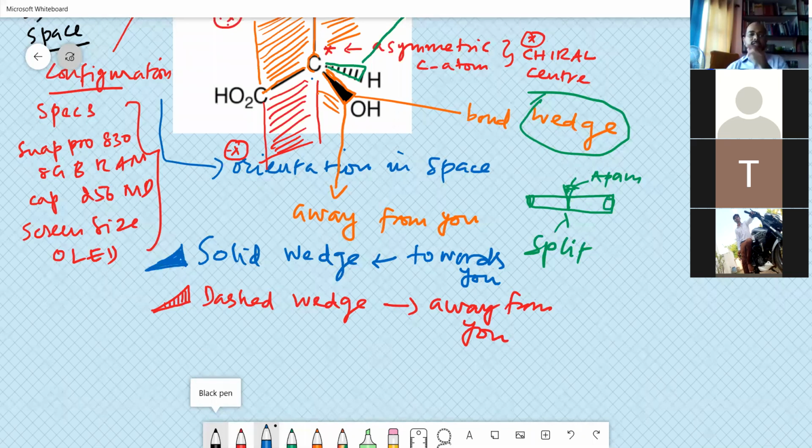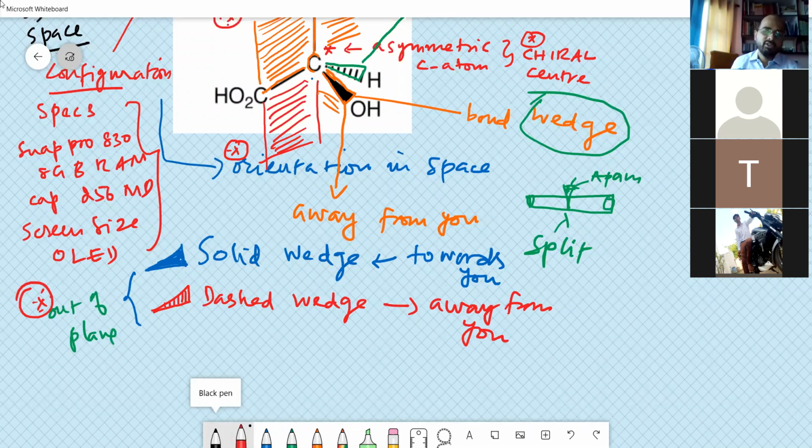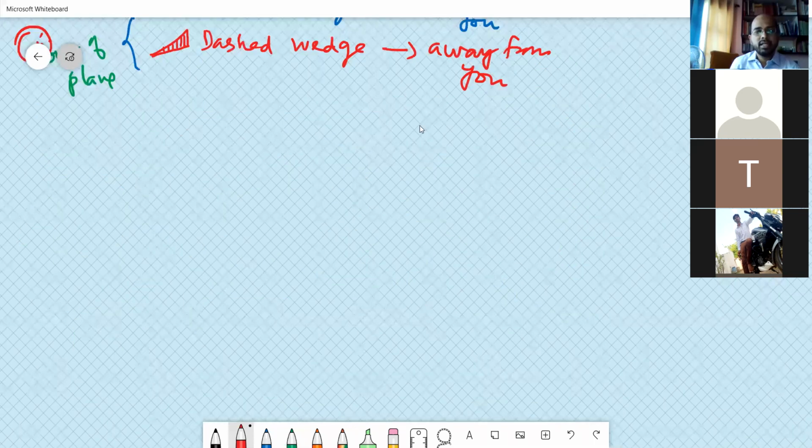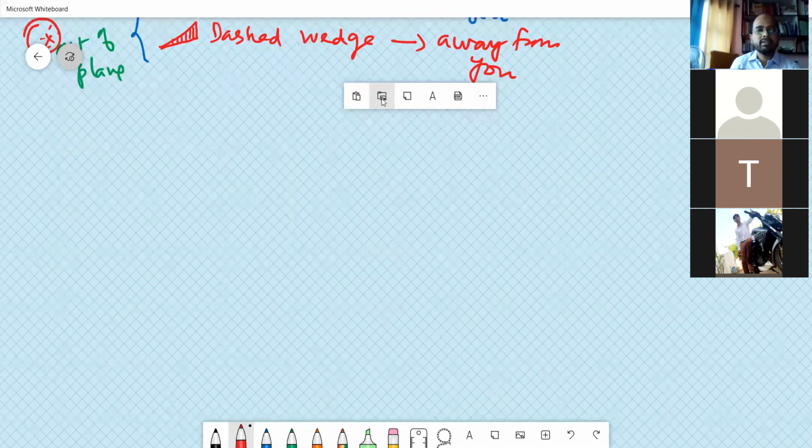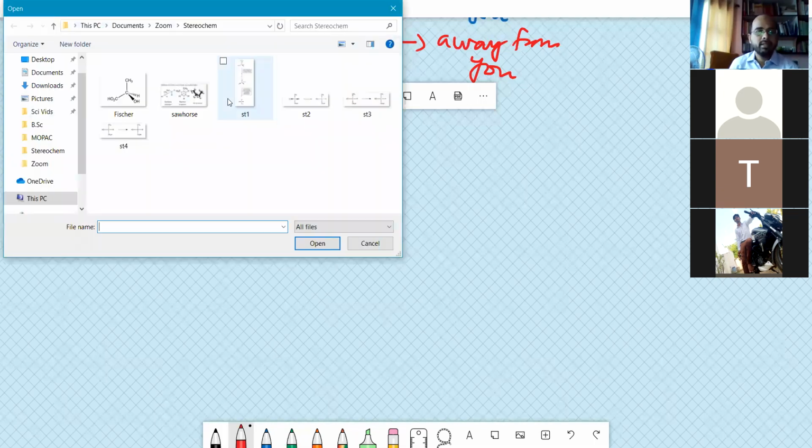Right? So these two things are used to represent out of plane. This is important information to represent these things out of the plane. Now, let me just import a simple picture and tell you what we can infer from that, taking the same example as this one.